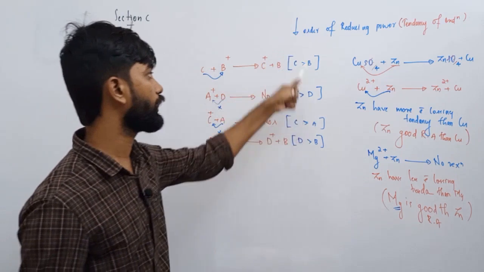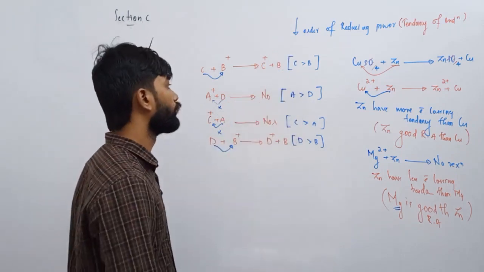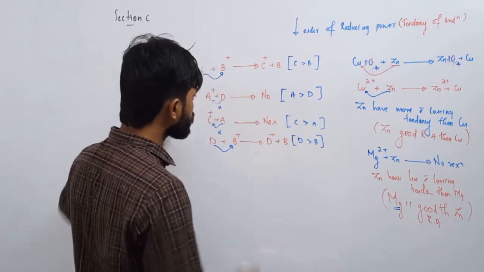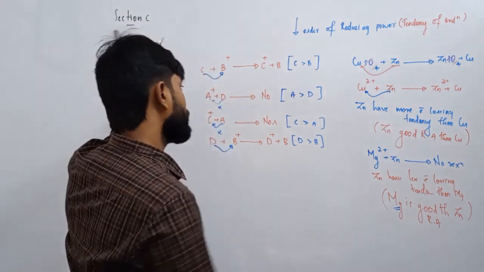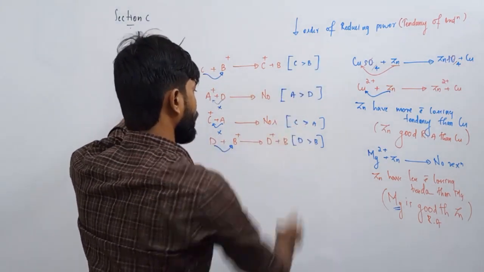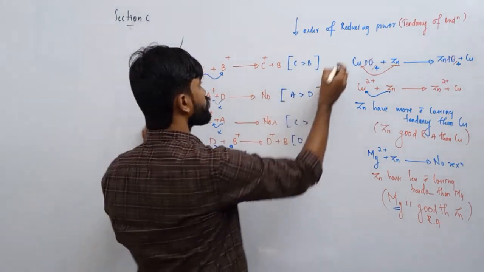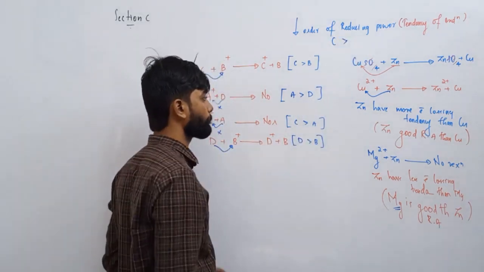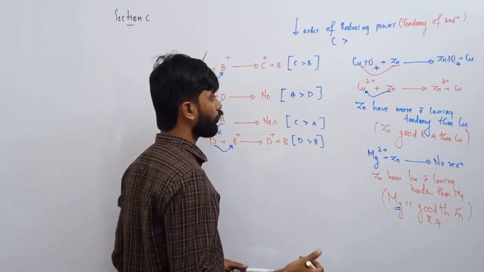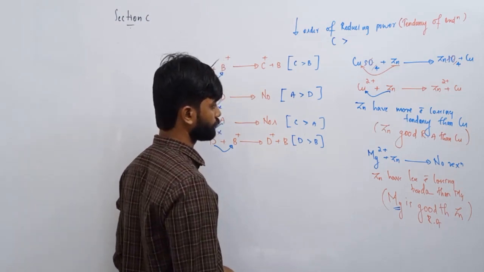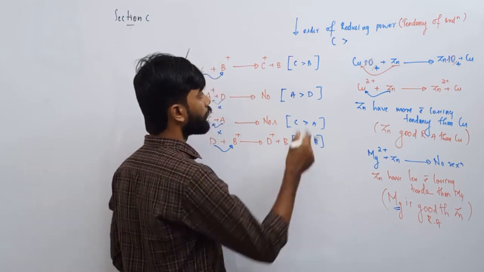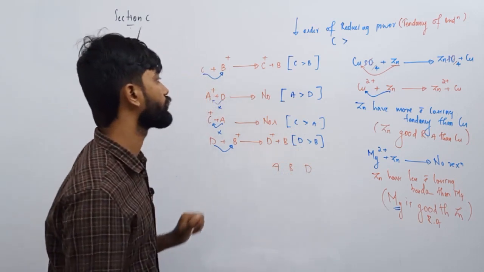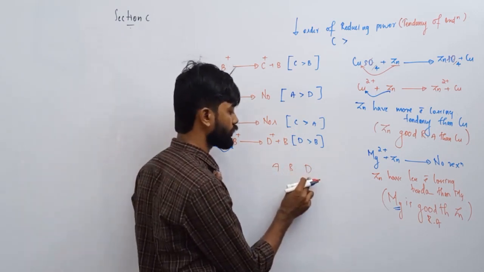So you can arrange them with the greater reducing power first. Which one has greater reducing power? C is better than B. C is better than A. And A is better than D. So the best reducing agent is C. Then we have A, B, D. We can simply compare B and D, which is more?